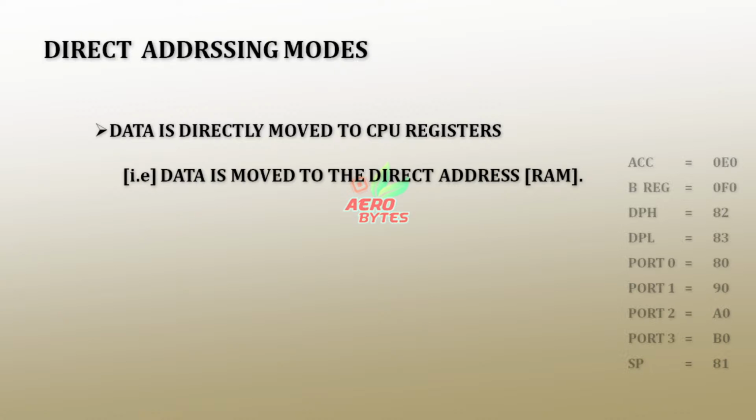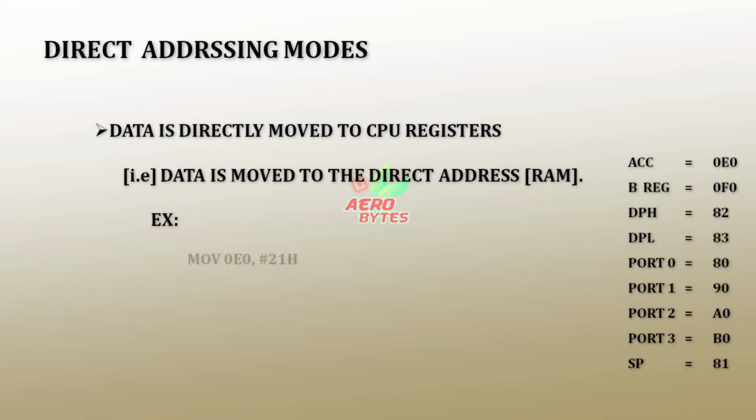In this addressing mode, we specify certain values: accumulator E0, B register F0, DPH 82, DPL 83, port 0 is 80 and port 1 is 90. Likewise, we are giving RAM addresses for registers.